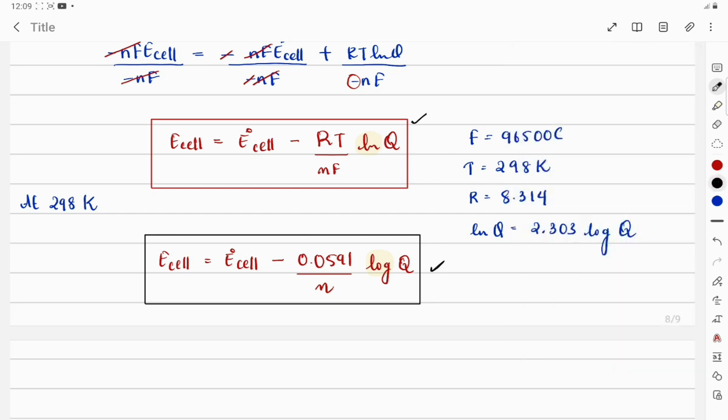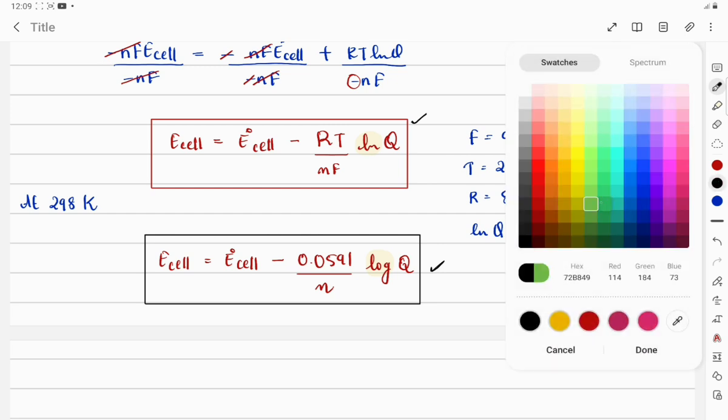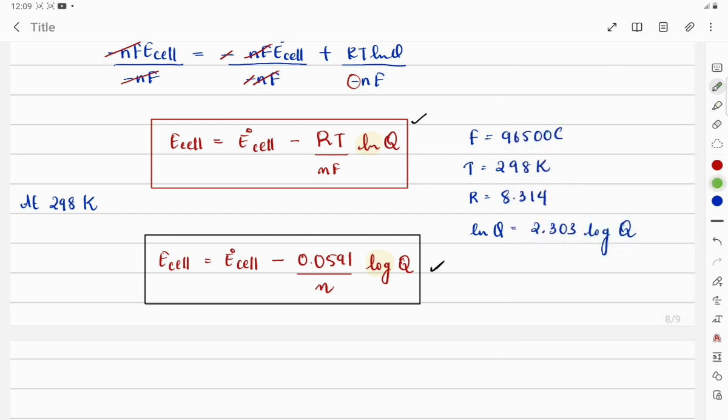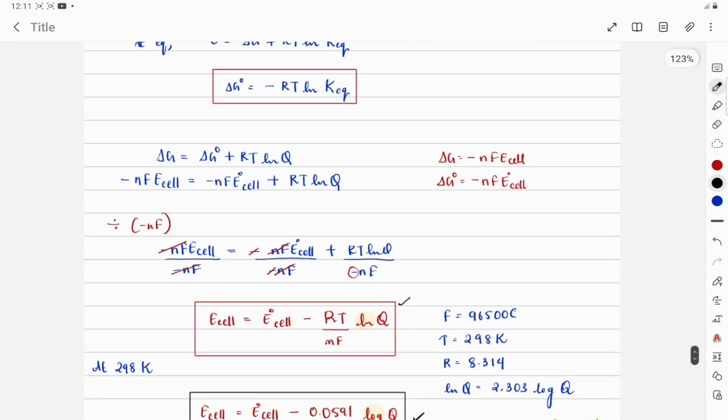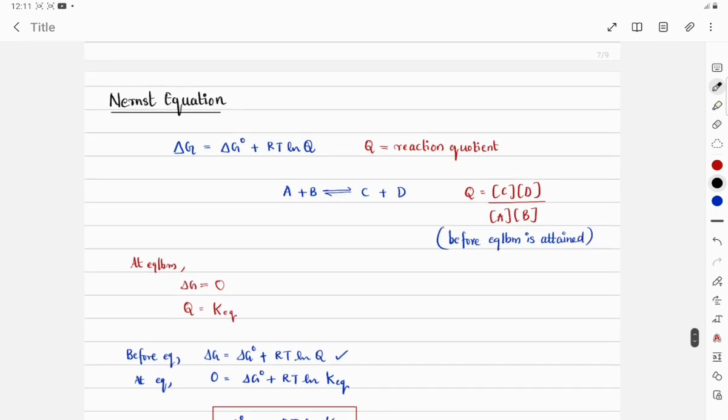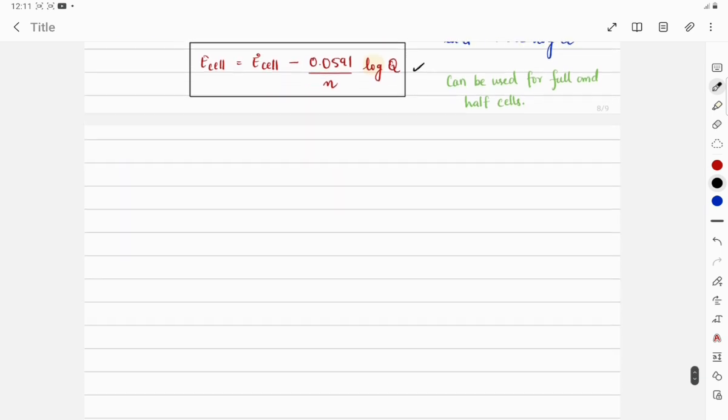Both of these equations can be used for full cells as well as half cells. So we have learned what the Nernst equation is. Now let's look into some of the applications of the Nernst equation.